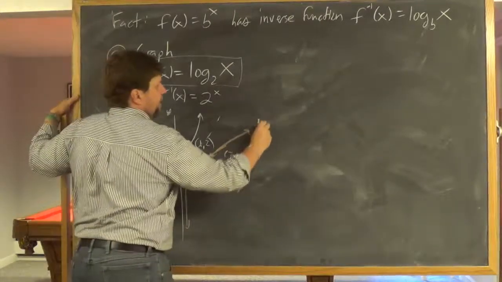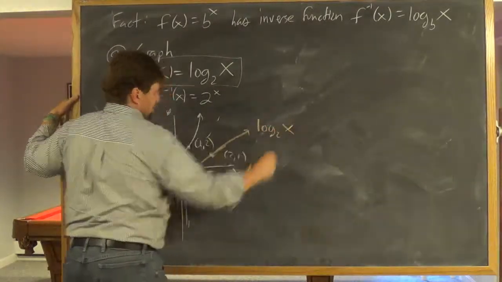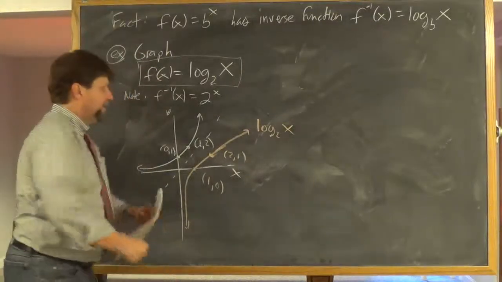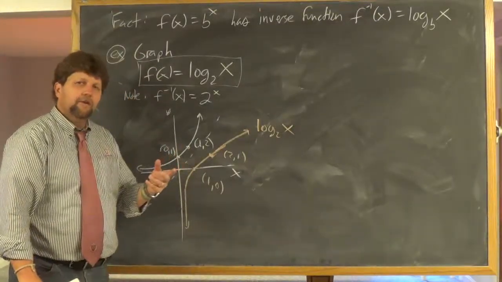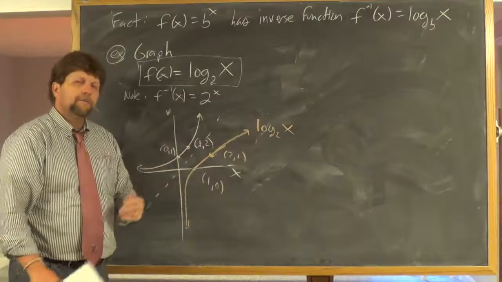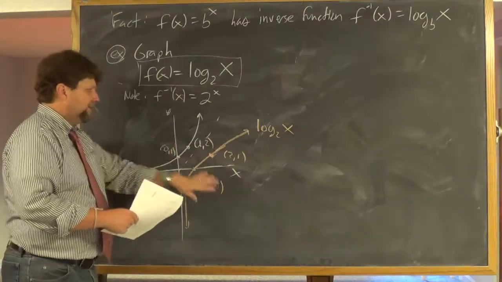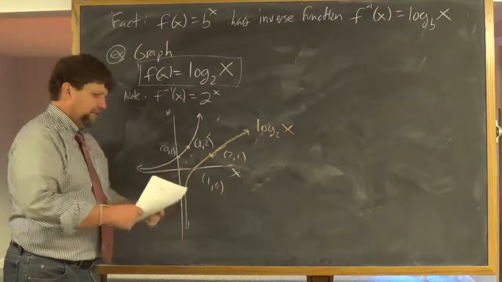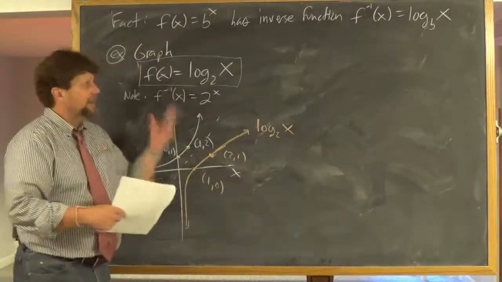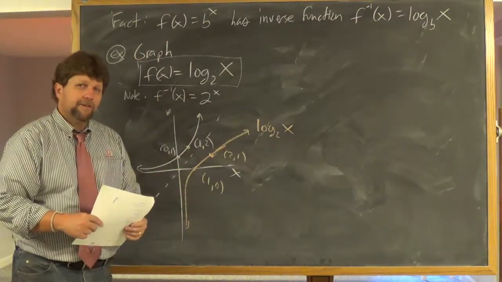This is the graph of log base 2 of x. Basically all I did was use something else that I knew, the graph of 2 to the x, in conjunction with the fact that they're inverse functions, and they have symmetry about the line y equals x. And that's it for graphing logarithmic functions.